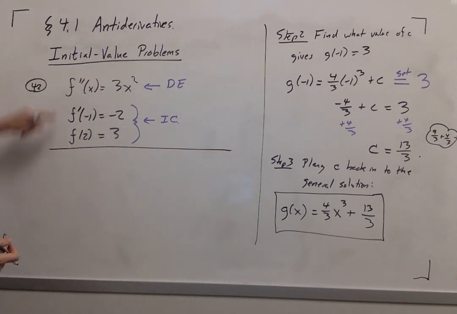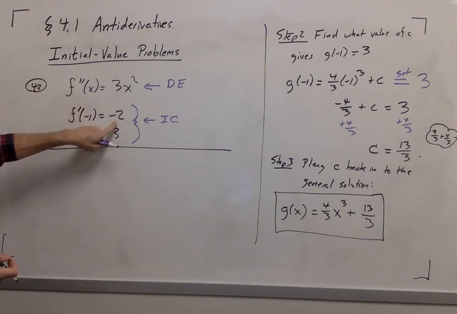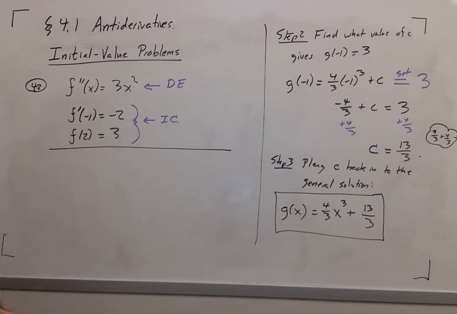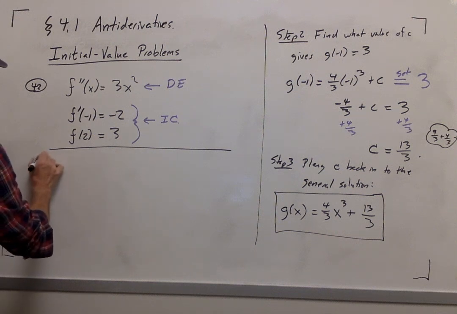So what we'll do is we're going to integrate f double prime to find f prime, and then use the fact that f prime of -1 equals -2 to find out what the first derivative of f is, and then we'll integrate a second time to recover f. Let's do it step by step.